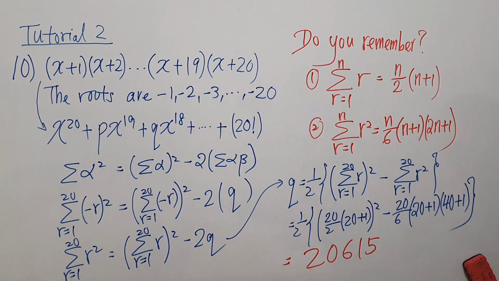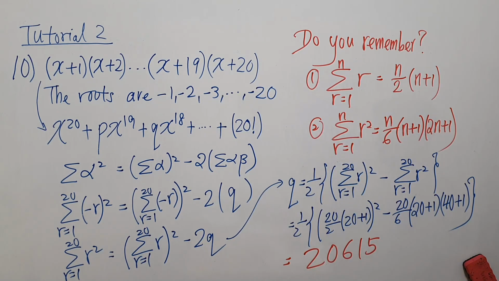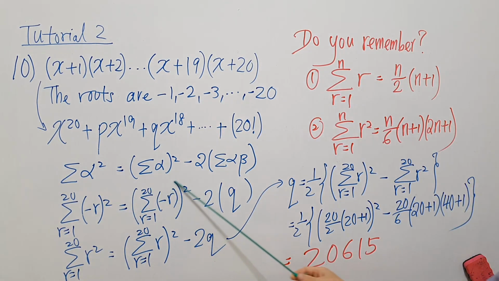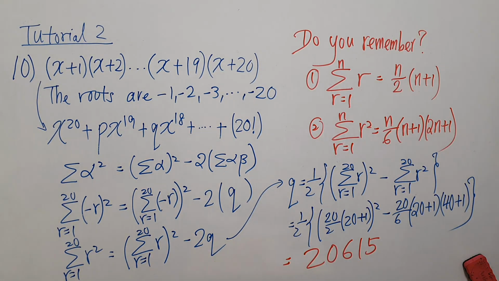Number one, that the roots are this. It probably didn't occur to you to write down the roots. Number two, it will probably take you a little while before you come to the idea of using this. And then later on, you must actually remember this formula.